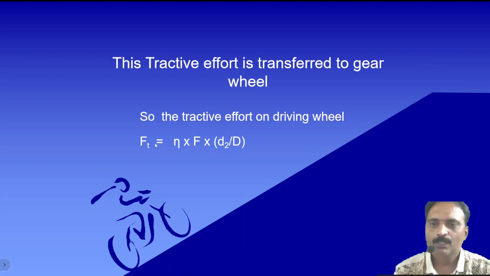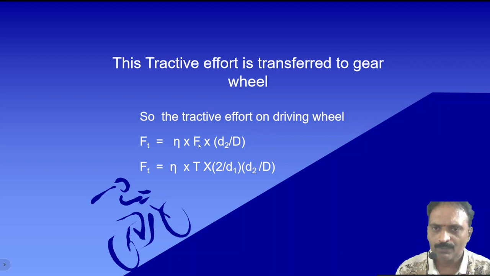So finally the tractive effort is efficiency multiplied by the input force multiplied by the actual D2 by D, between which the power is going to be transmitted. But here F is given as T into 2 by D1, that is torque multiplied by 2 by D1. So now again this is going to become D2 by D1, which we have considered as gamma.